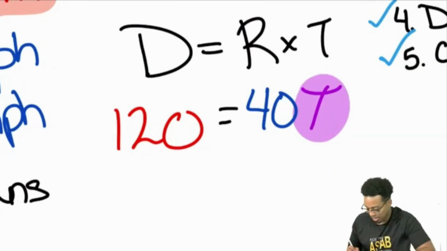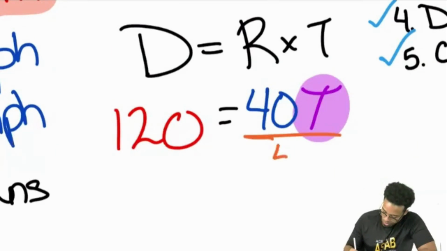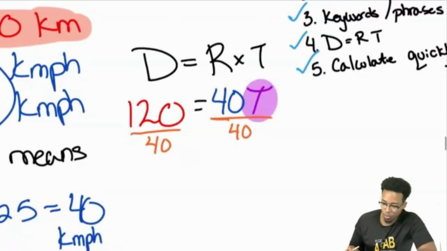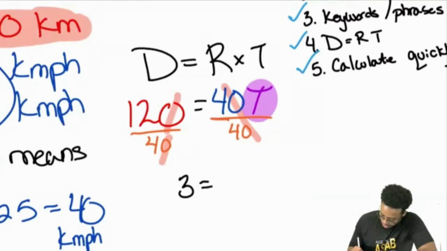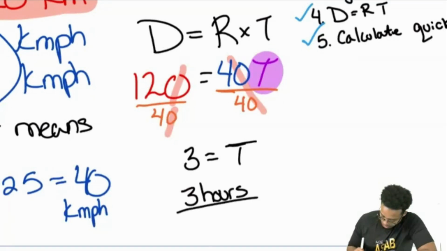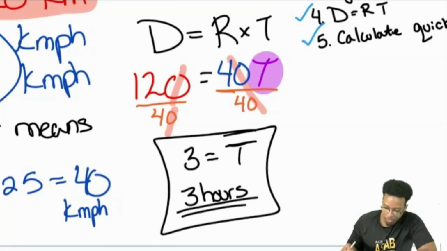So to get the T by itself, we will divide both sides by 40. And then we are done. So right here, booyah, we cancel out. And now we have 12 divided by 4, which will be 3. 3 equals T. So the answer is what? 3 hours. Booyah.